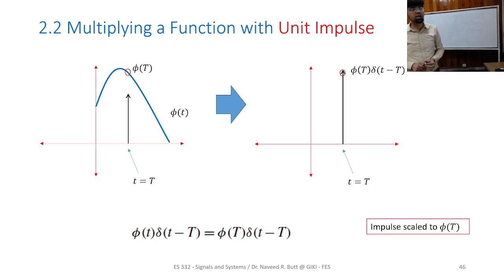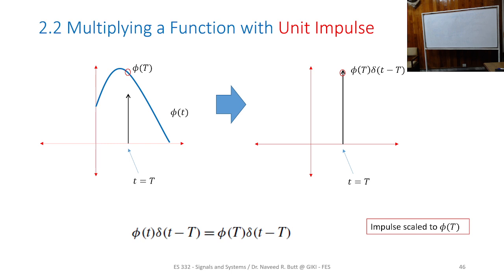What is on the right side? What is the function on the right side? On the left there are two functions, phi t and delta t minus T. On the right, is it a product of two functions or is it just one function?